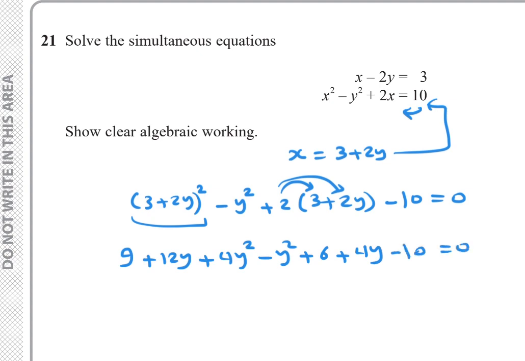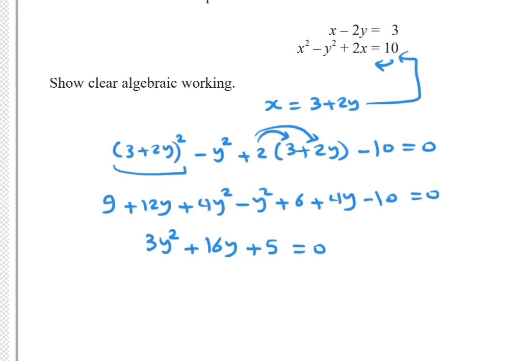Combine the like terms. We have 4y squared minus 1y squared, so 3y squared. We have 4y and 12y, so 16y. 9 plus 6, 15. 15 minus 10, so 5. So plus 5 equals 0.